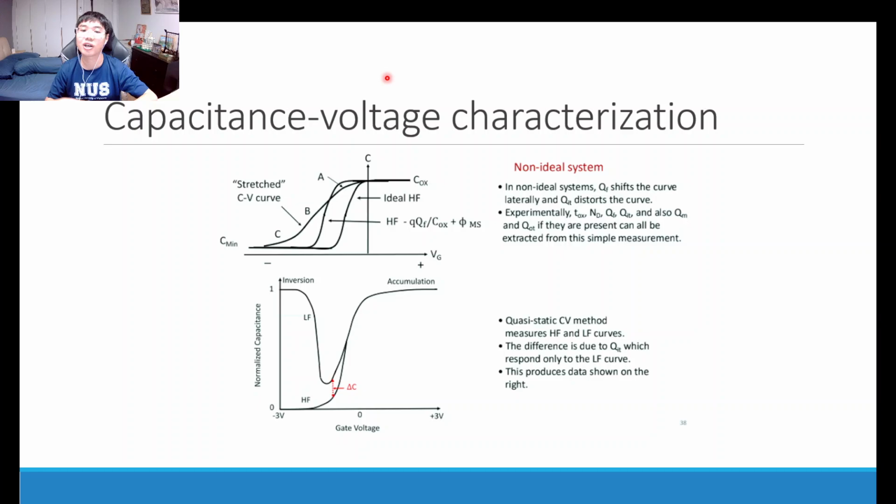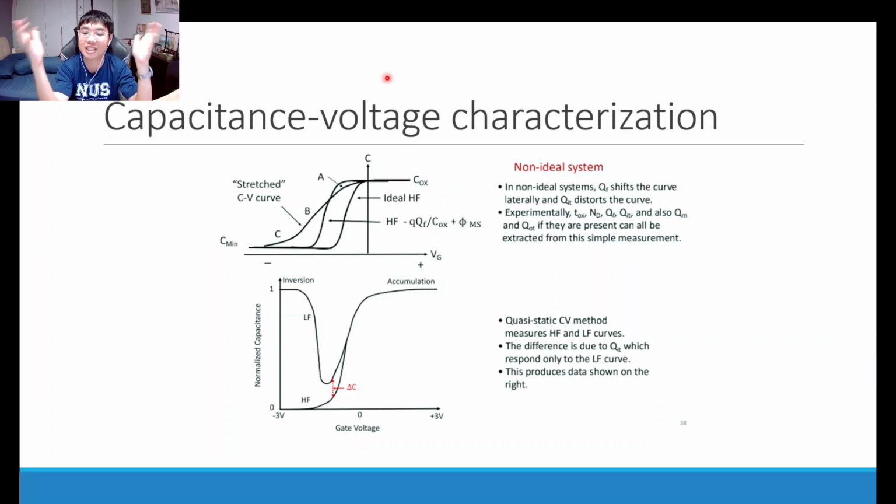The reason is that these fixed charges in the oxide layer will screen out the voltage being applied at the gate, so you can think of the doped silicon layer below the oxide as not being able to see the full extent of the gate voltage applied.